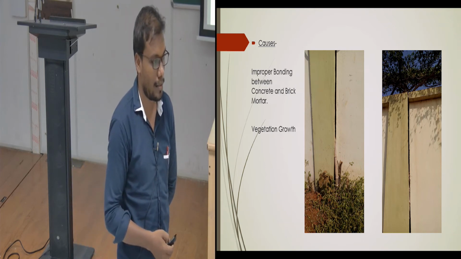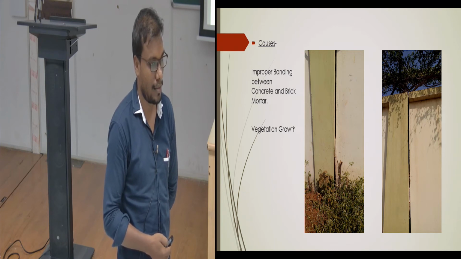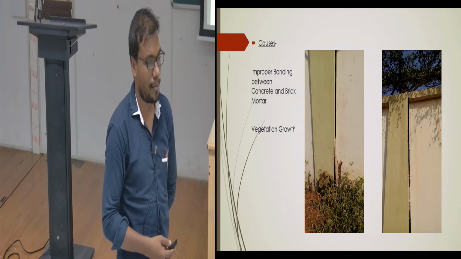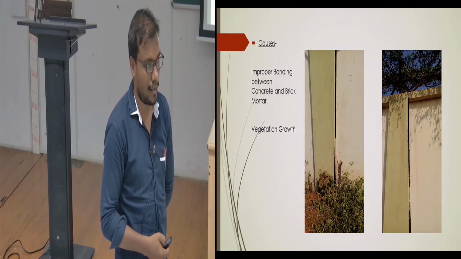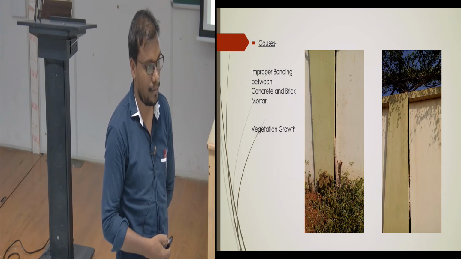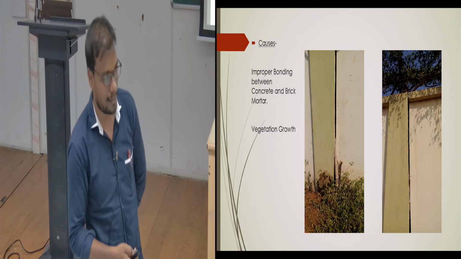When you go further, how many panels does this boundary have? 3 meters. If you had gone to the nearby panel, you could have come to some solution. Whether only in that portion the vegetation is growing, that is a secondary thing that we can see. But is there any constructional defect?